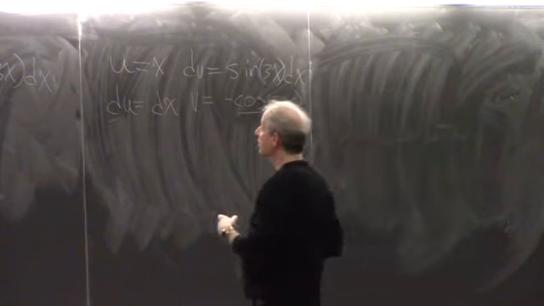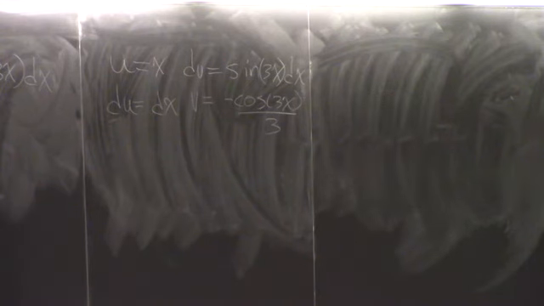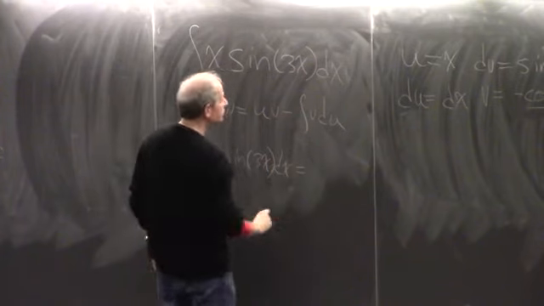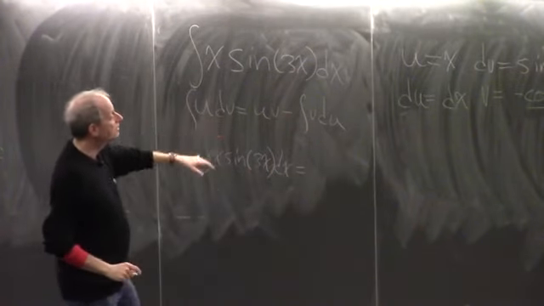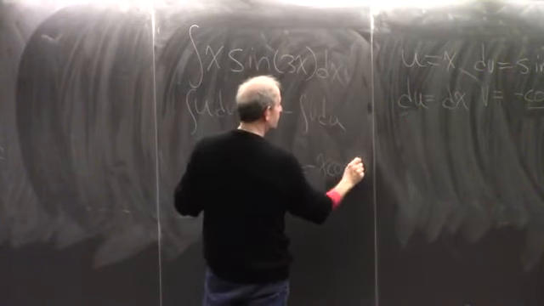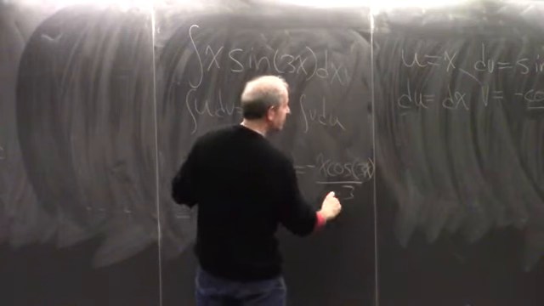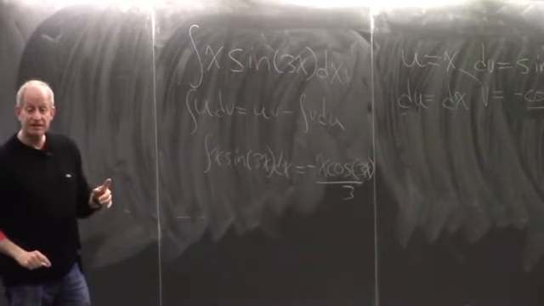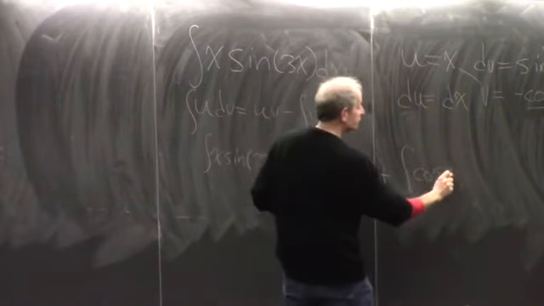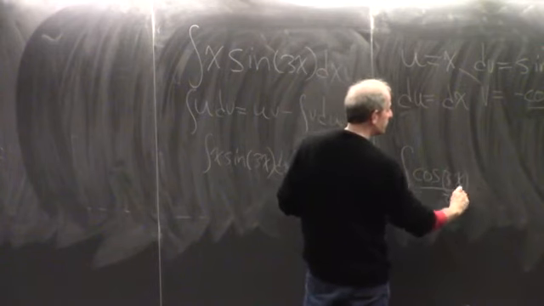So now we plug this into the formula. The formula is: the integral of u dv equals u times v minus the integral of v du. So the integral of x sine 3x dx is u times v, which would be minus x cosine 3x over 3, minus the integral of v du, but we have a minus, so it becomes plus the integral of cosine 3x over 3 dx.